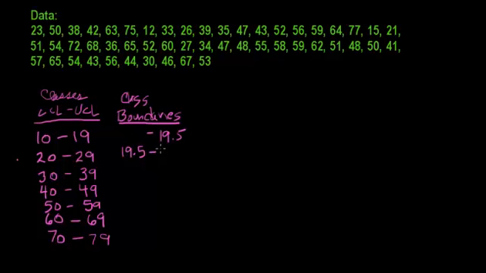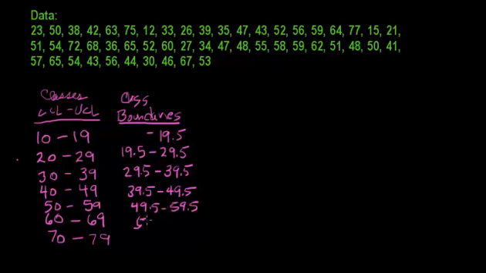And again, we've got that class width of 10, so we could just go down the column adding 10, adding 10, adding 10, all the way down. 59.5 to 69.5, and our last 69.5 to 79.5.